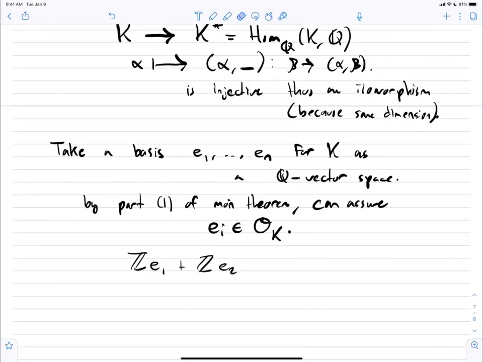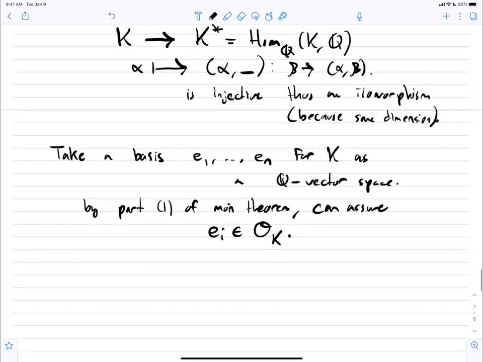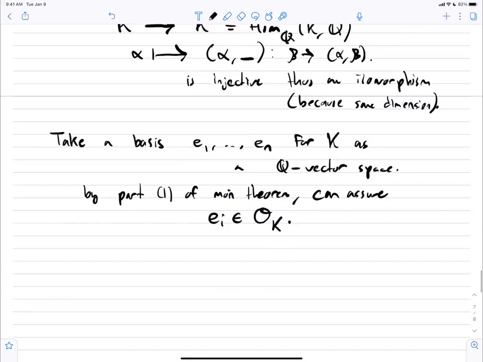So let me call it M. I'm a little premature, sorry. So these Ei are contained in OK. I'm going to look at a submodule in a second, but I forgot to introduce what I actually need to span that submodule. And so I'm going to let Fi be the dual basis.